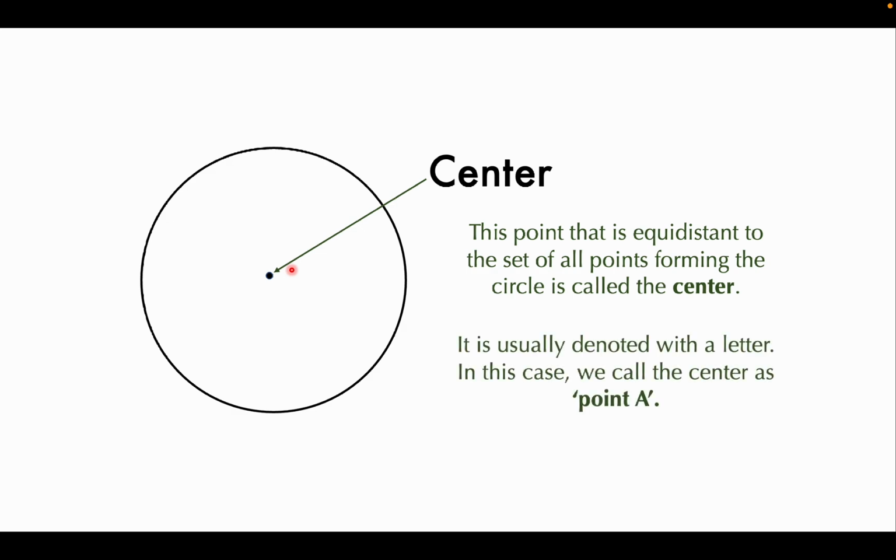It is usually denoted with a letter. In this example, we call the center as point A. So if I ask you in the future, what is the name of the center, you will answer kung ano yung point na katabi ng center.